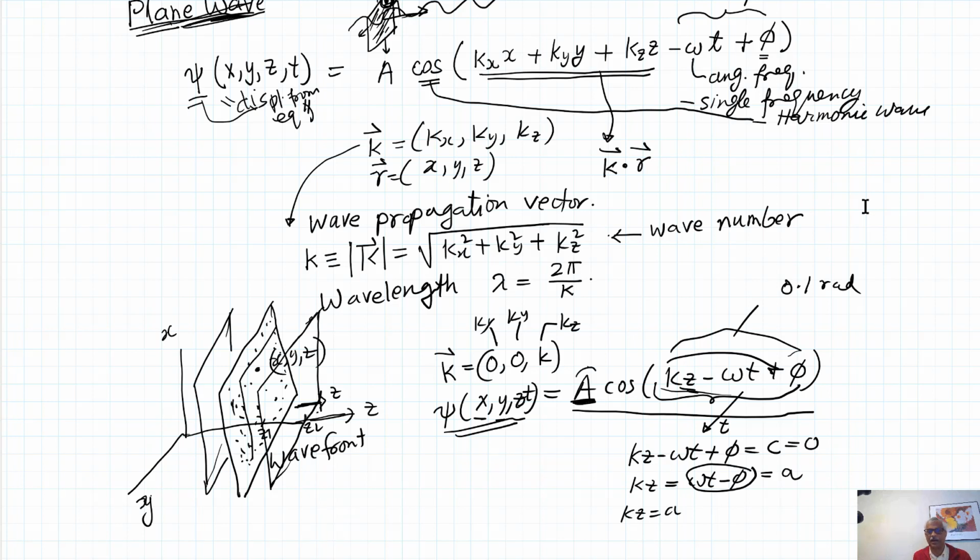And the direction the wavefronts are moving is the direction of this vector k. So this vector k tells me which direction the wave will propagate.